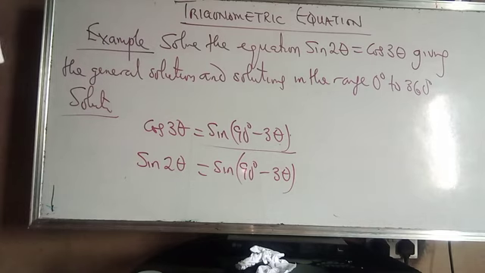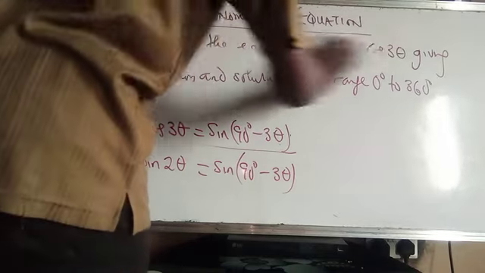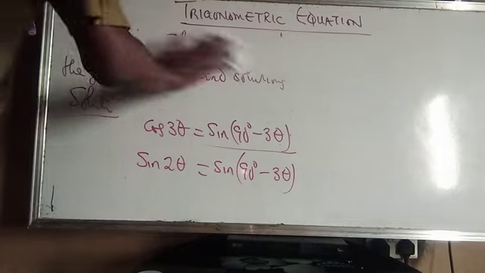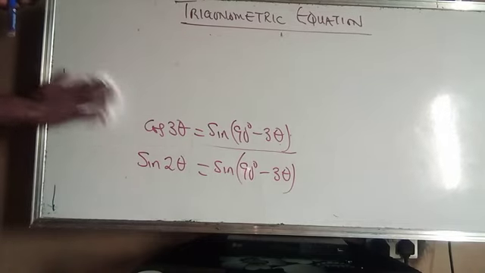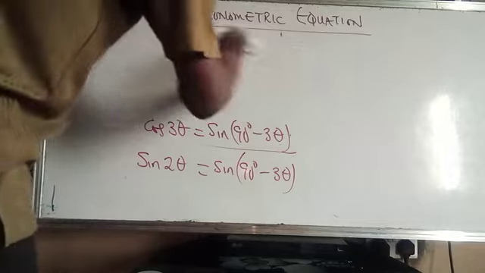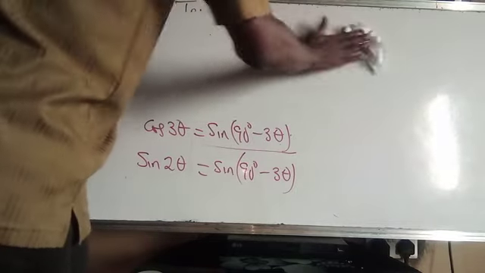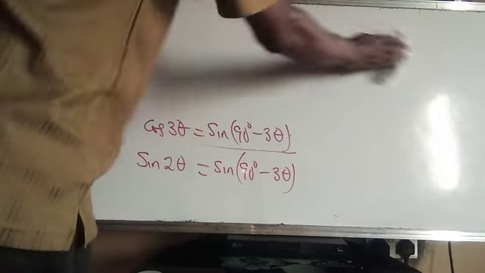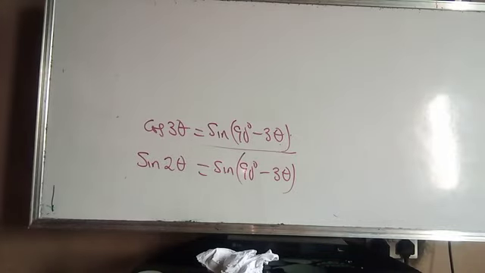Now we recall, in our previous class when we talked about the general solution for sines, because we are having a combination of sines now, we're going to use the general solution of sines.